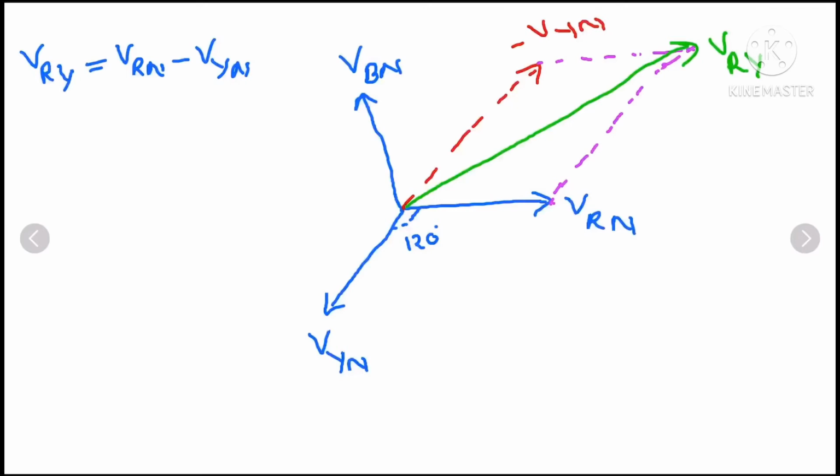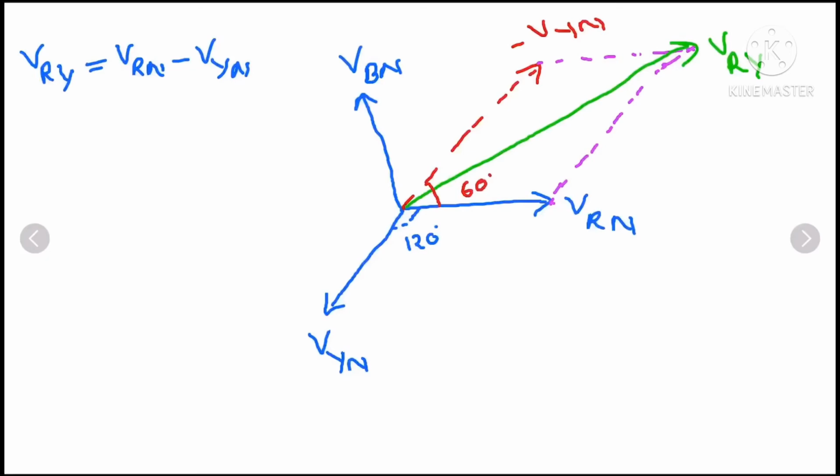This is the main thing. If you see, this angle is going to be 120 degrees, and as we extend this vector, it will bisect this angle, so this angle is going to be equal to 60 degrees.